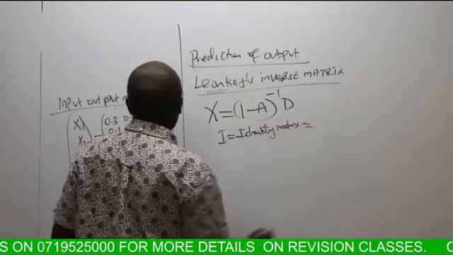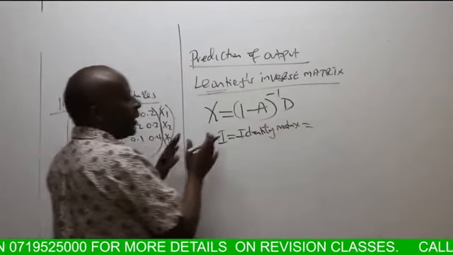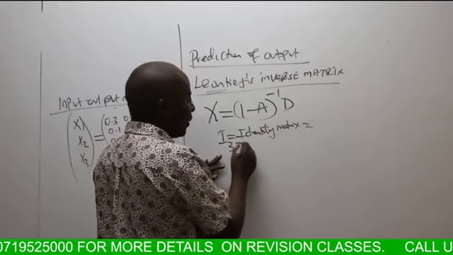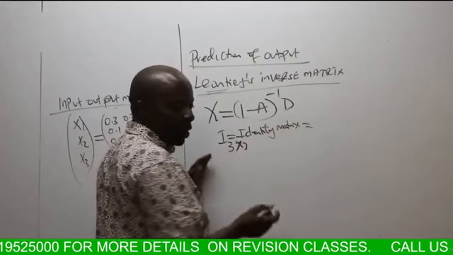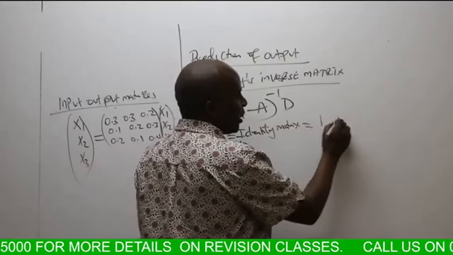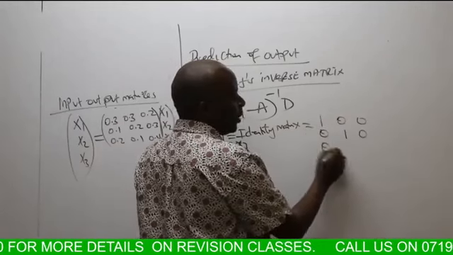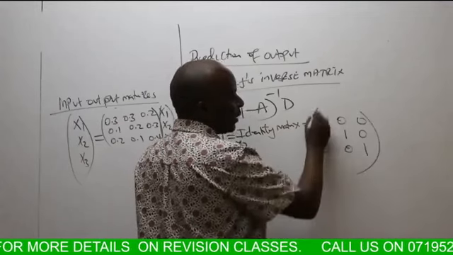Because our A is a 3 by 3, the identity has to be a 3 by 3 matrix, 3 rows, 3 columns. So as somebody has told me, it's going to be like this: 1, 0, 0, 0, 1, 0, 0, 0, 1.